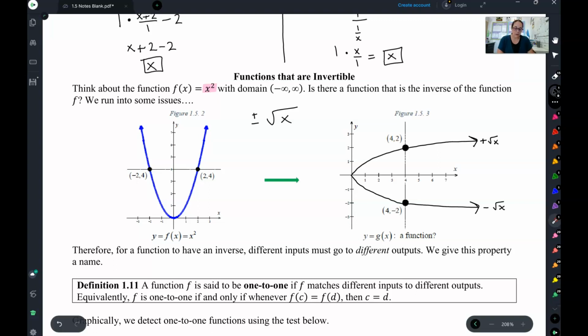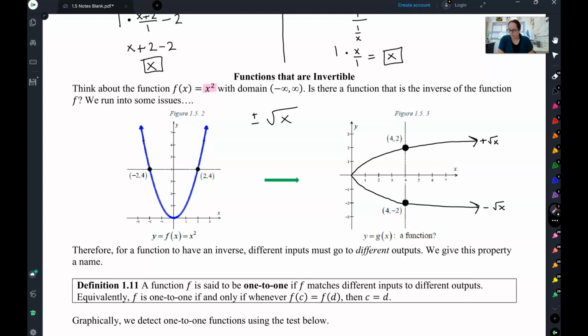And if you put that all together, you'll see that this is the graph of the inverse parabola. Basically, we take our parabola, turn it on its side, and that's the graph of the inverse. But you should pretty quickly notice that this graph is not a function. It does not pass the vertical line test. So this graph is not a function. It's a good graph, but not a function.